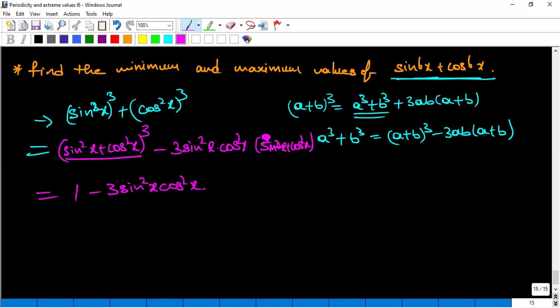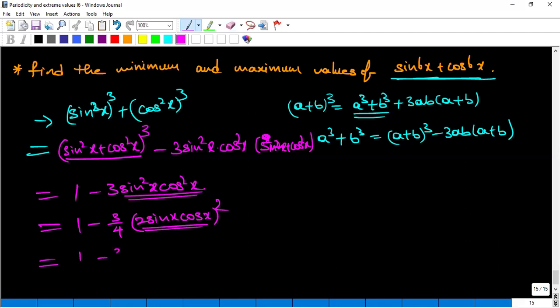This is clear for everyone. Now we will change it again a little bit. I will write it like this: 1 minus 3 by 4 times 2 sin x cos x whole square. So I can convert this part to 1 minus 3 by 4 sin 2x whole square. Sin 2 theta is 2 sin theta cos theta.